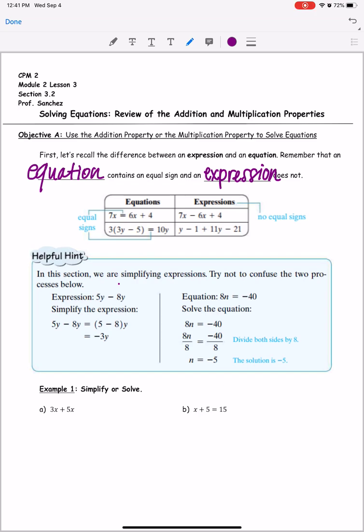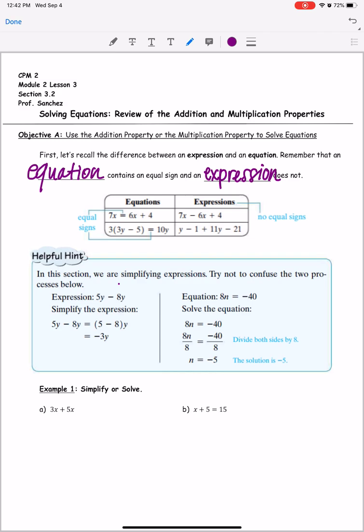This one only has 2 examples of each, but you get the idea. An equation here has an equal sign. So you see an equal sign here and an equal sign here. On this other side, you have an expression which has no equal sign. So you just have terms being added and subtracted to each other, no equal sign.